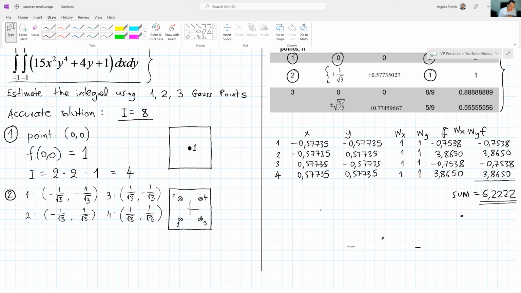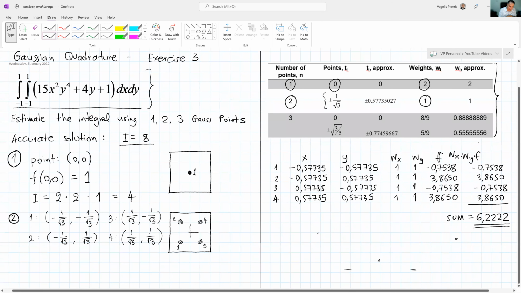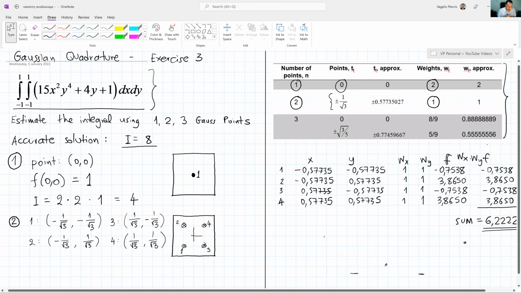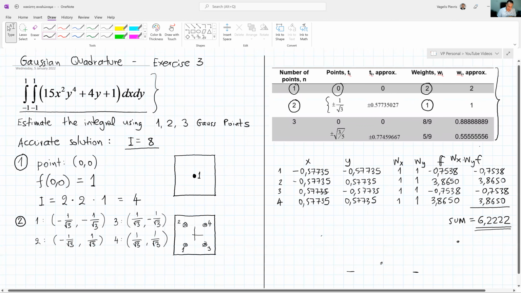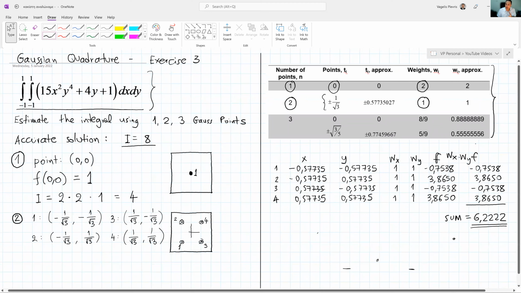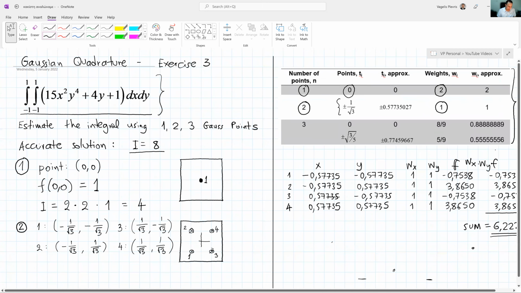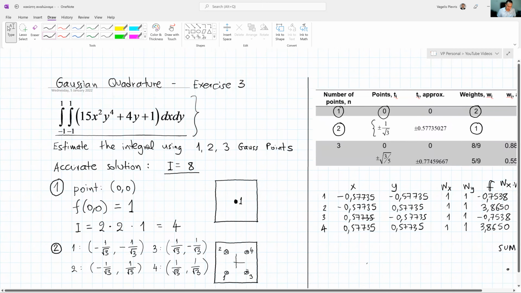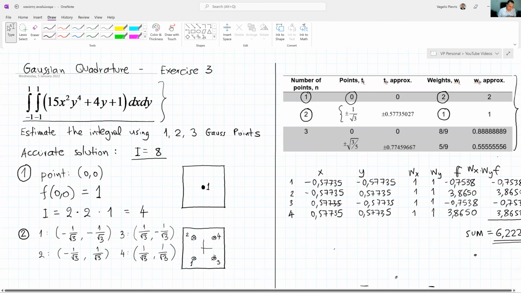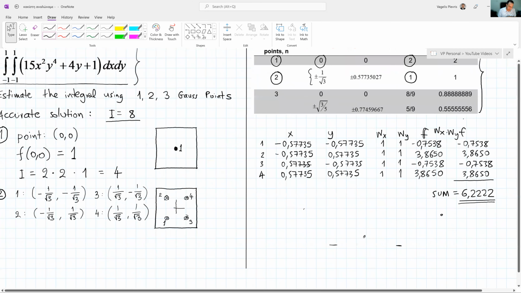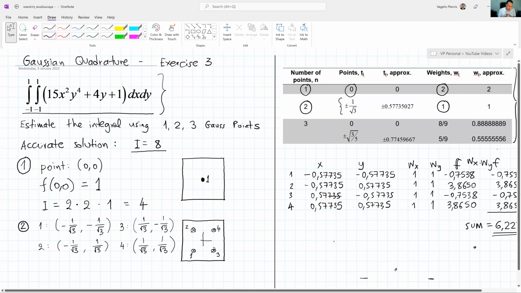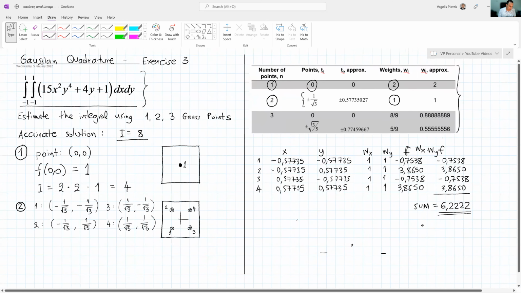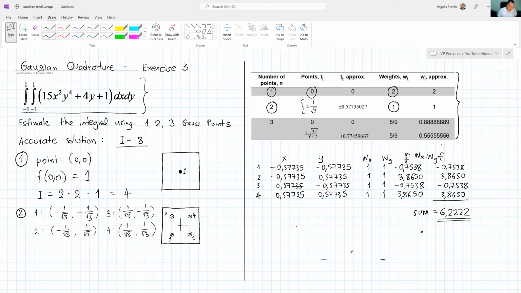And again, we see that the estimation is not so good because the accurate value is 8 and we found 6.22. Now we can give it a try using 3 Gauss points per direction.